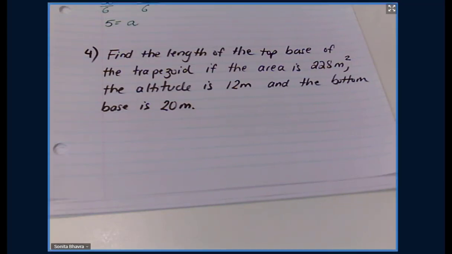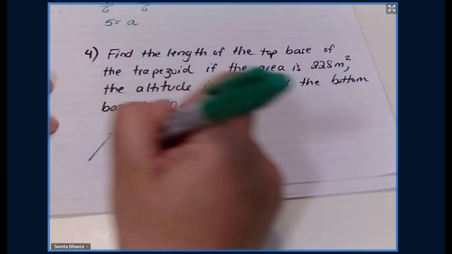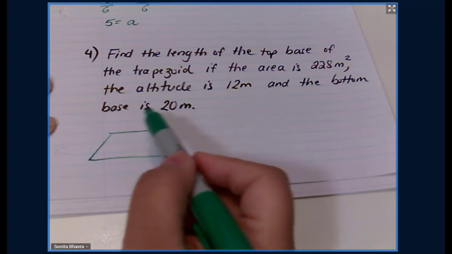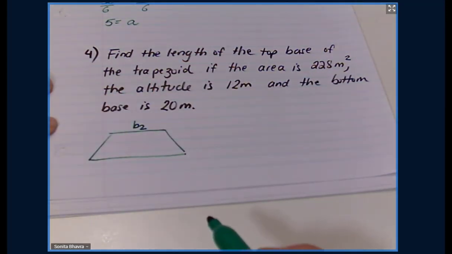All right, so our next example is a trapezoid. So we have find the length of the top base of the trapezoid if the area is 228 meters squared, the altitude is 12 meters, and the bottom base is 20 meters. So just doing a quick sketch of the trapezoid. There is our top base, so that's the one we're trying to solve for. So base 2.